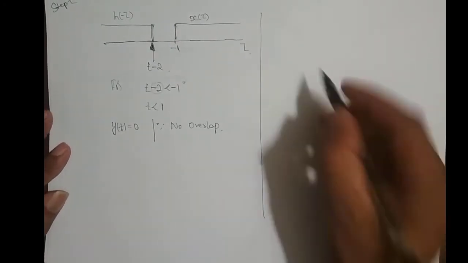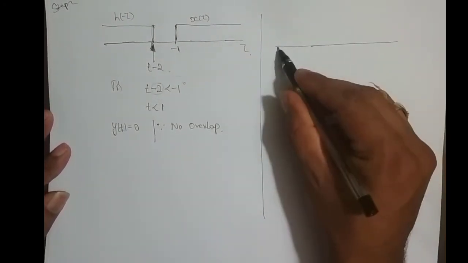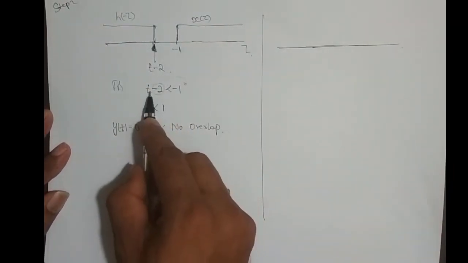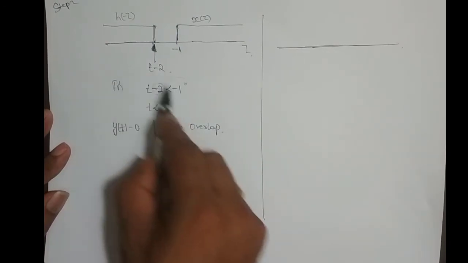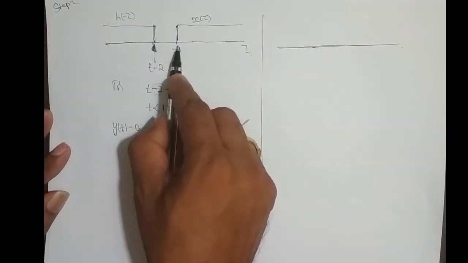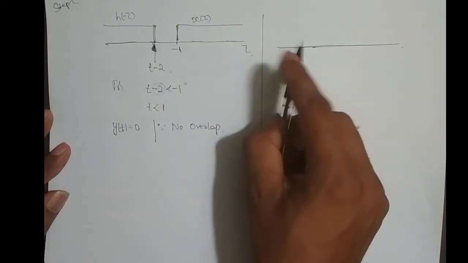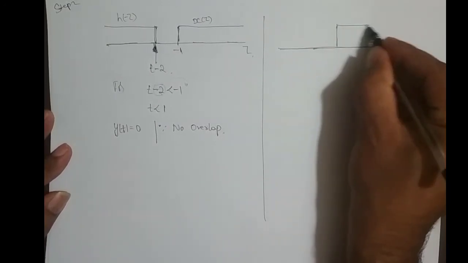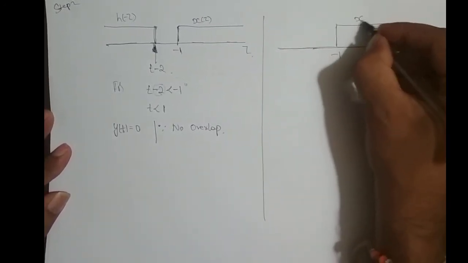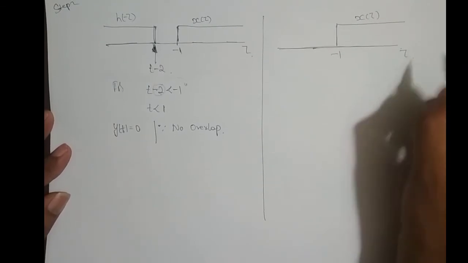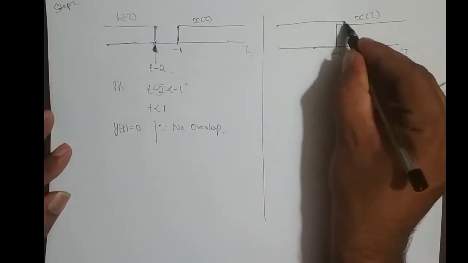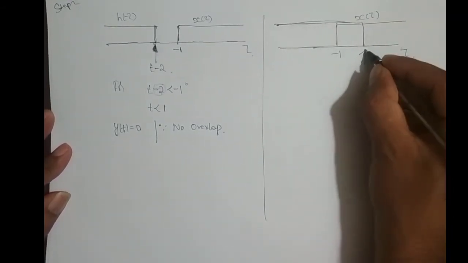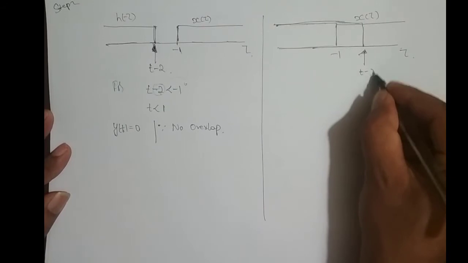Next we have to move the signal h of minus tau further right. So far we took t minus 2 less than minus 1, in the sense t minus 2 from minus infinity till just before minus 1. Now I need to move it further right, so t minus 2 is greater than or equal to minus 1. This is minus 1, this is x of tau, this is tau. Now I move h of minus tau further right and keep it here. This is t minus 2.